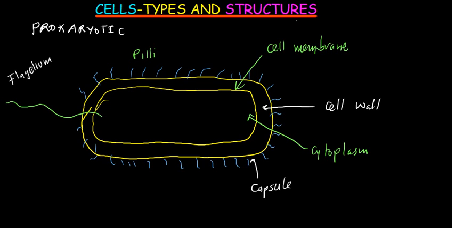So their DNA is just extended in the cytoplasm. We're going to understand more about DNA and its composition later. It's a topic on its own. When the DNA is folded and together, that is what we call a nucleoid.